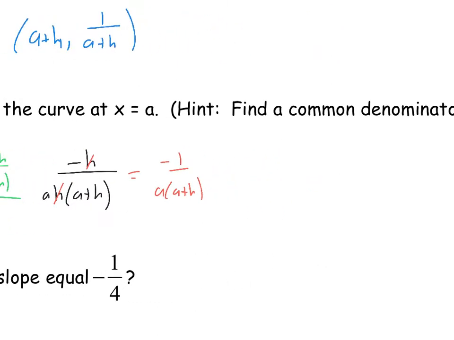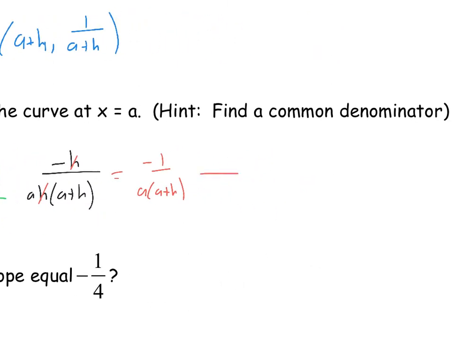Again, don't lose sight of the fact you're doing a limit as h goes to 0. And so, like all limits, we try to do some sort of algebra, make whatever h or x is approaching plug-inable. Since that h that was a factor on the bottom just canceled, now I can plug in 0 for h, and I get negative 1 over a squared.